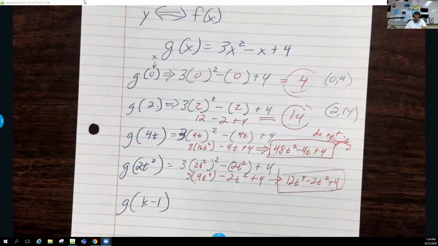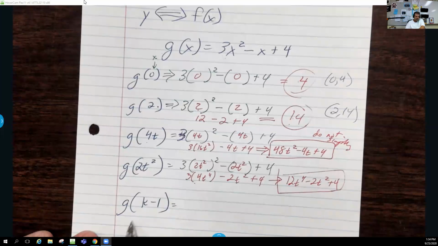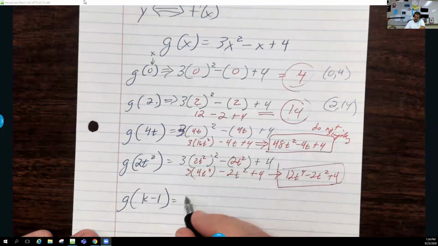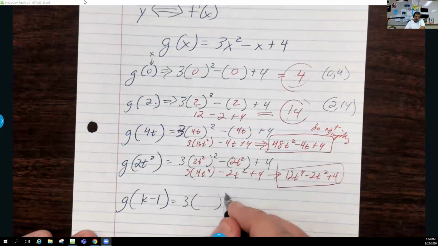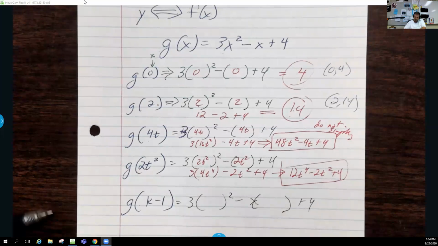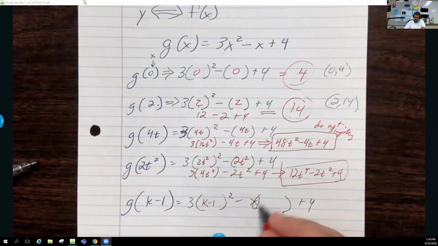All right, so the last problem. Now I'm going to find g of k minus 1. So it's still going to be 3 times parentheses minus parentheses plus 4, and now we're going to put in k minus 1. Now, careful with your signs.